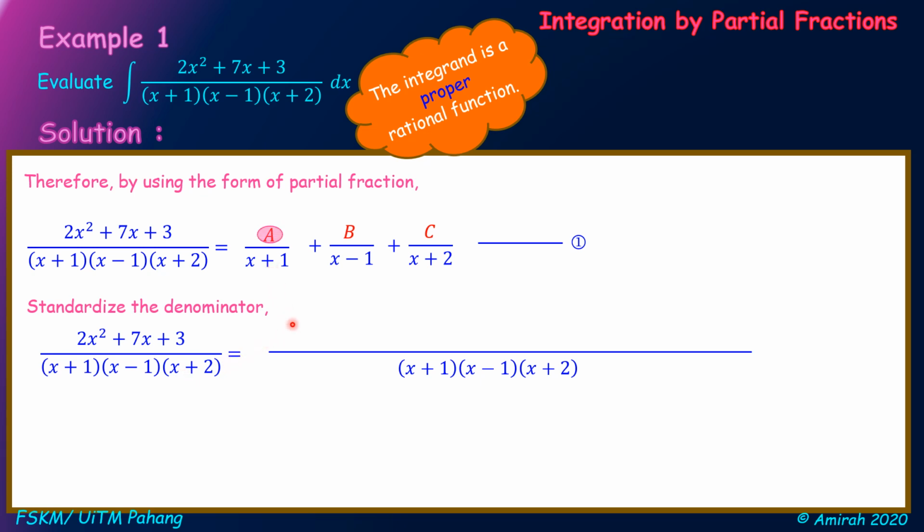For the numerator of the right hand side, we multiply a times x minus 1 times x plus 2, then plus b times x plus 1 times x plus 2, and then plus c times x plus 1 times x minus 1.